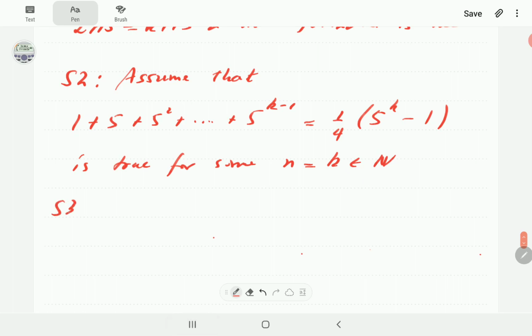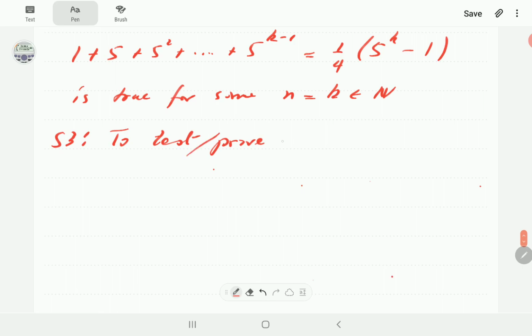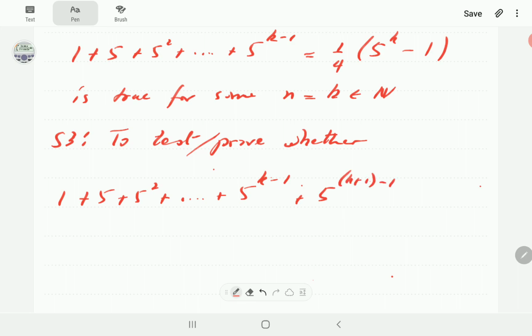Then in step 3, we want to test or prove whether 1 plus 5 plus 5 squared, so these are all the terms from step 2, the next term is going to have k plus 1 there.